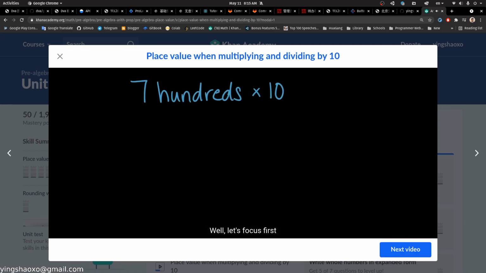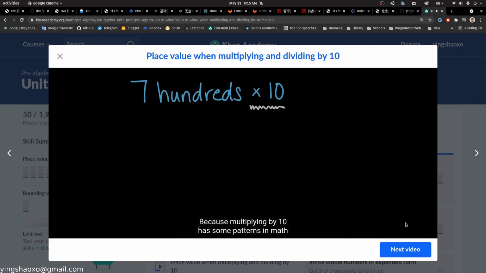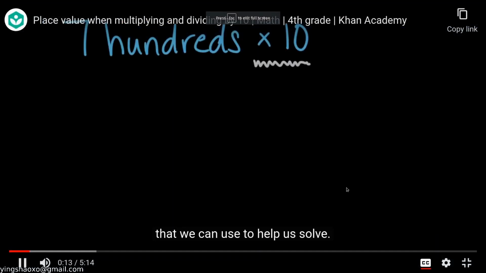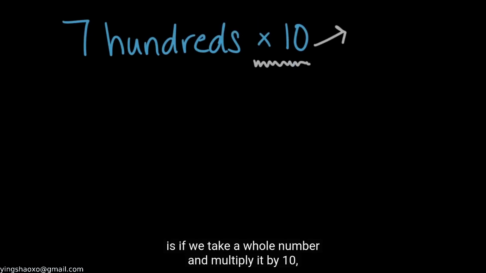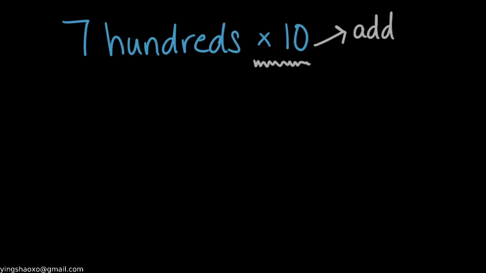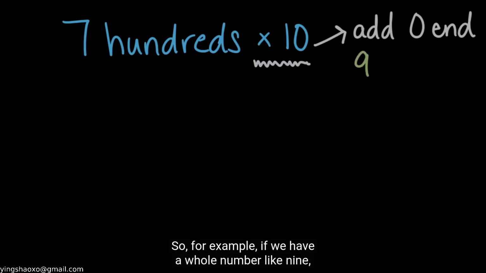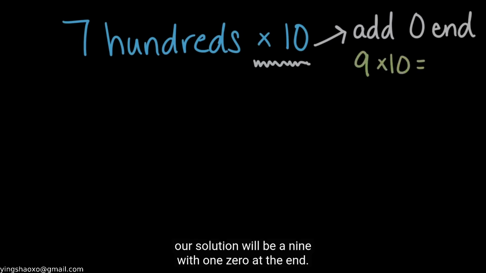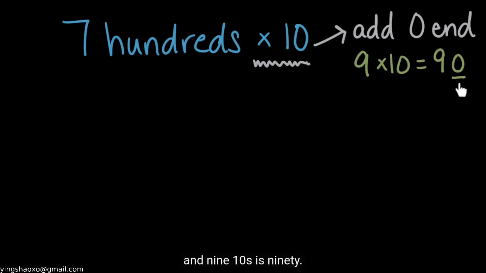times 10. Well, let's focus first on this times 10 part of our expression, because multiplying by 10 has some patterns in math that we can use to help us solve. One pattern is that if we take a whole number and multiply it by 10, we simply add a 0 to the end of our whole number. So for example, if we have a 9 and multiply by 10, our solution will be a 9 with a 0 at the end, or 90, because 9 times 10 is the same as 9 tens, and 9 tens is 90.